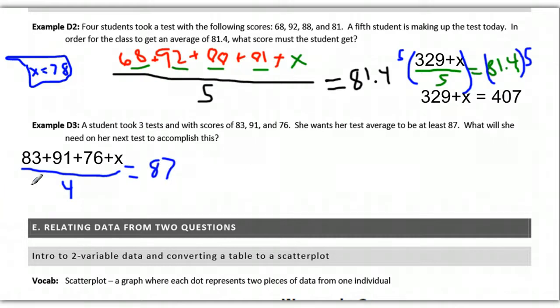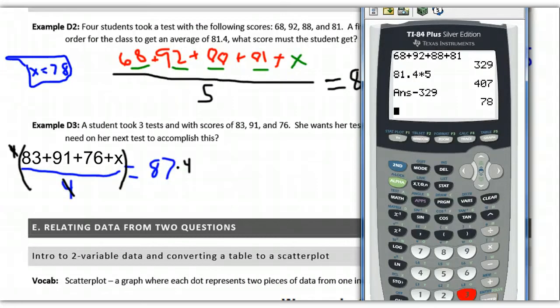To simplify, we multiply both sides by something that we need to get rid of that fraction. So by 4, and on this side, the 4's are going to cancel each other out. And up top here we have that 83 plus 91 plus 76 that we can simplify down to 250.